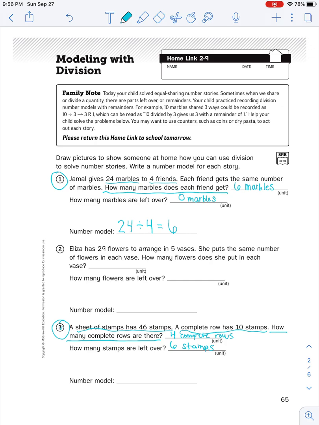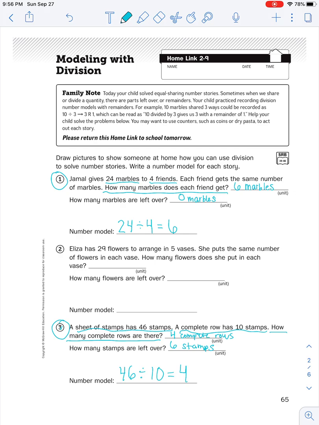Okay, now for our number model, we are still going to use that first big number, the total number, as our first one. 46 divided by, we divided it into rows of 10, so divided by 10 equals, and now on this part, you want to put how many complete rows there were.